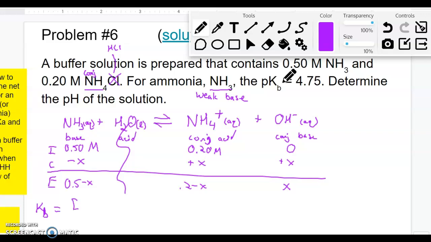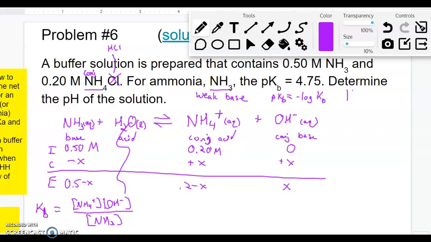But I know Kb is equal to the concentration of NH4 plus times the concentration of OH minus over the concentration of NH3. So products over reactants. The other part is I do need this Kb value, or sorry, they gave me the pKb. Just kind of like how pH works, we know pKb is equal to the negative log of Kb.